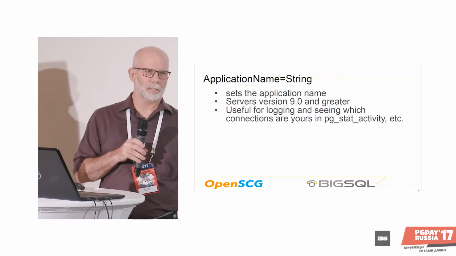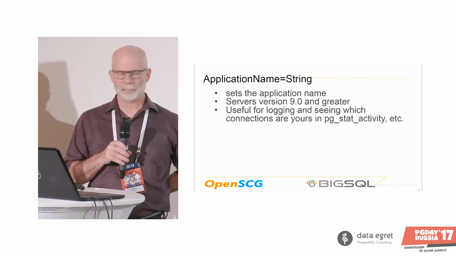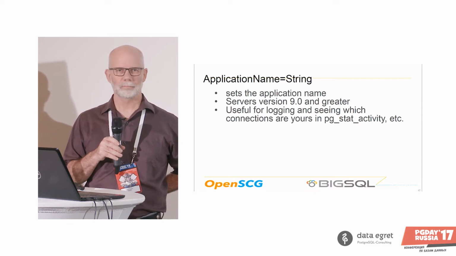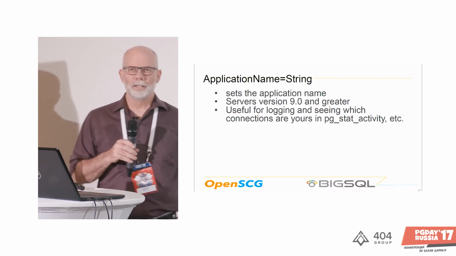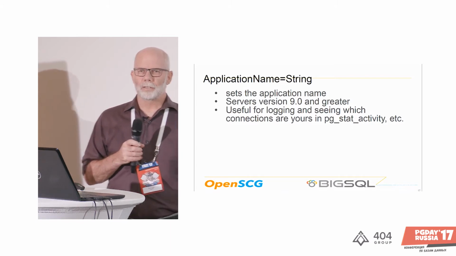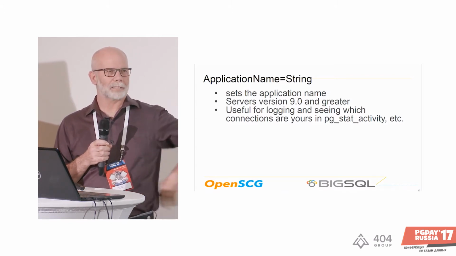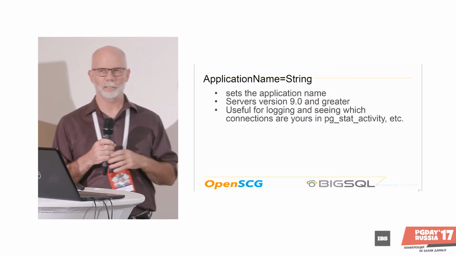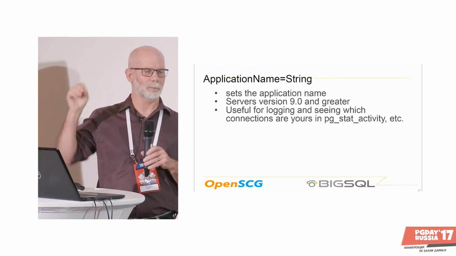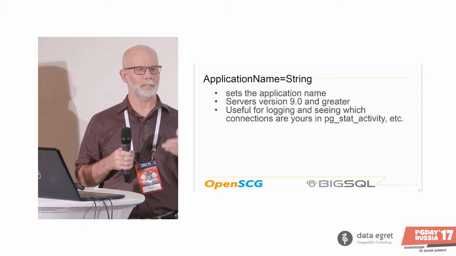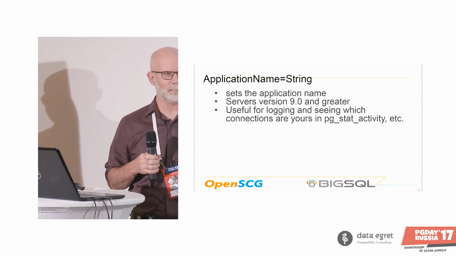So if you're looking at pg_stat_activity, does everybody know what pg_stat_activity is? Ever heard of it? Okay, there's one person, good. If you're looking at your server's activity, there's a way to do this in pgAdmin, for instance. It can show you what's currently running, the query, the current process ID, et cetera.